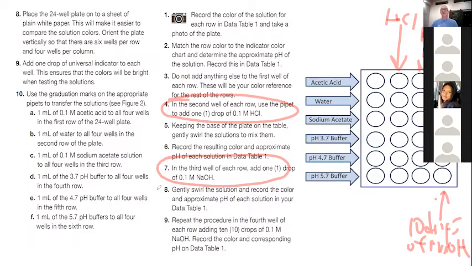Now, what we should see is that a little bit of HCl or strong acid or a little bit of strong base shouldn't really change the color of these. But adding a lot of base might. So we need to make a note and take a picture and see if that occurs.